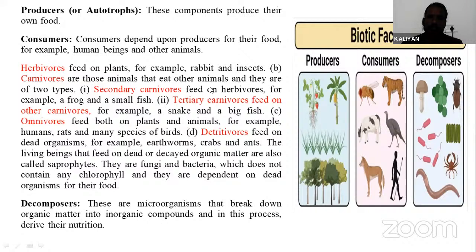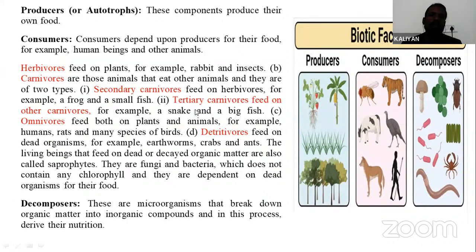There are different types of consumers: herbivores and carnivores. Herbivores feed only on plants, for example rabbits and insects.